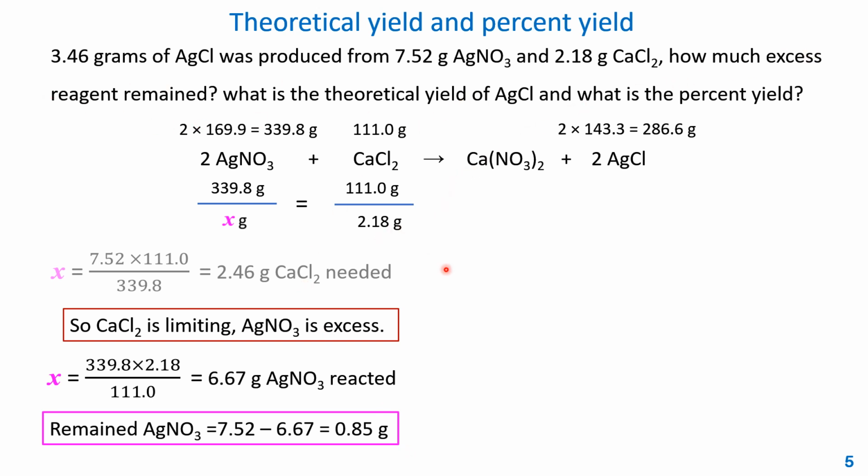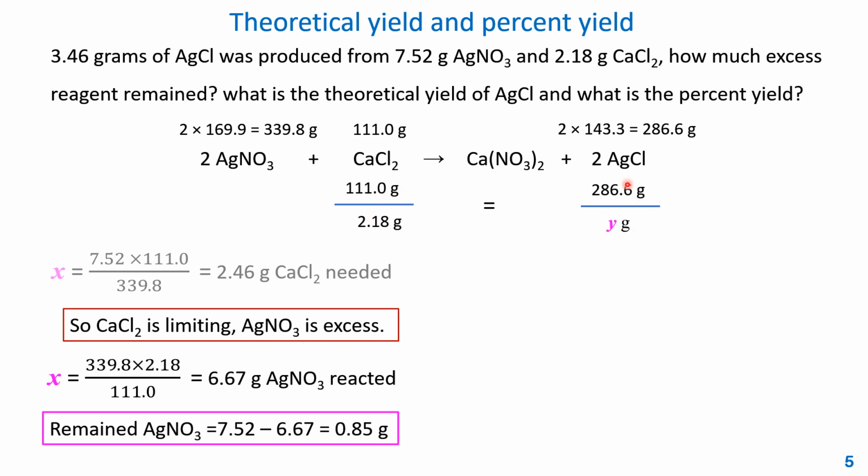Then what will be the theoretical yield? That's another question. We can say y grams, unknown, y grams of silver chloride will be produced. We know the mass of 2 moles of silver chloride is 286.6. So move that number here, and that's another proportion, and then we can solve for y.